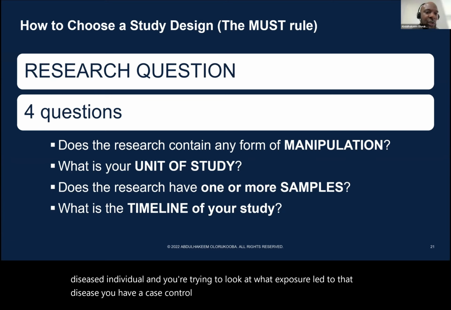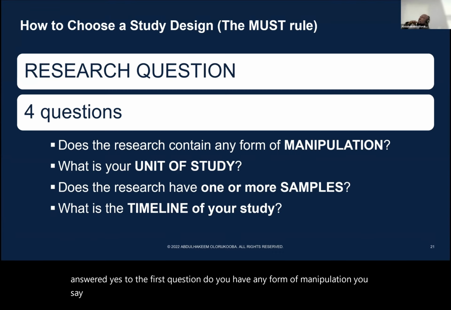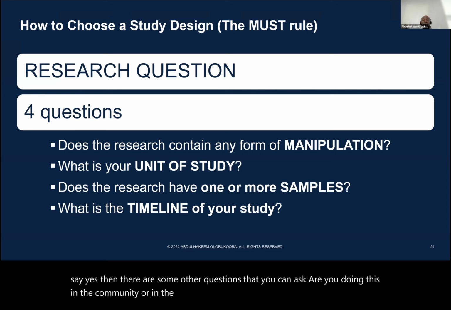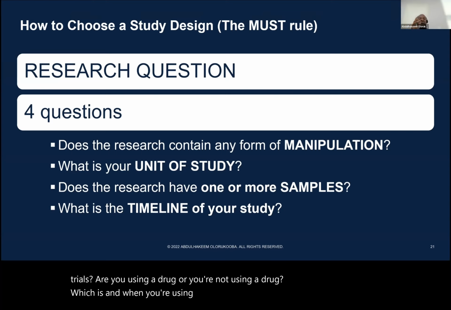Case closed. On the other end, if you had answered yes to the first question, do you have any form of manipulation? You say yes. Then there are some other questions that you can ask. Are you doing it in the community or in the field, which is field trials or community trials? Are you using a drug or not, and when you're using the drug, is it randomized? Are you randomizing the people or not?